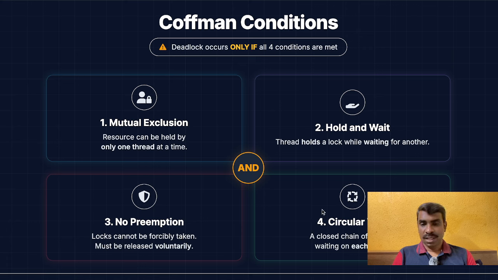Then circular wait. A closed chain of threads waiting on each other. So these are the four conditions for deadlock. Deadlocks occur only if all four conditions are met. So 1 and 2 and 3 and 4. If all these conditions are met, deadlock will occur.